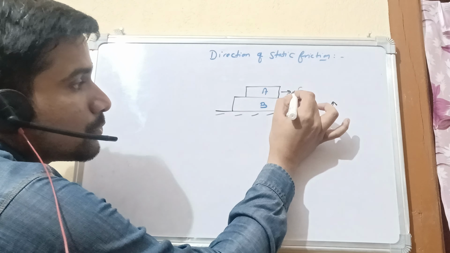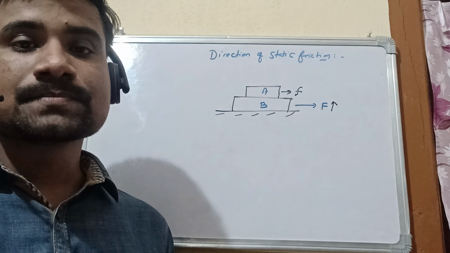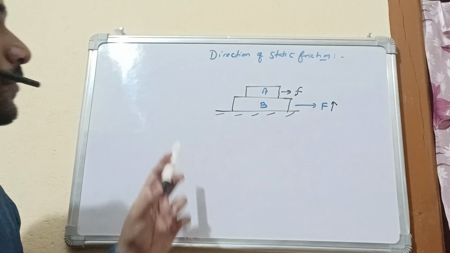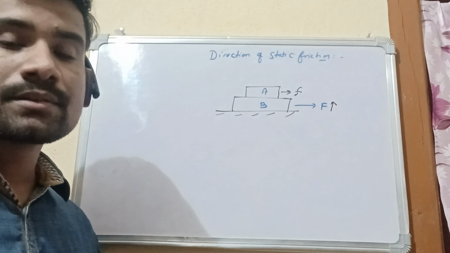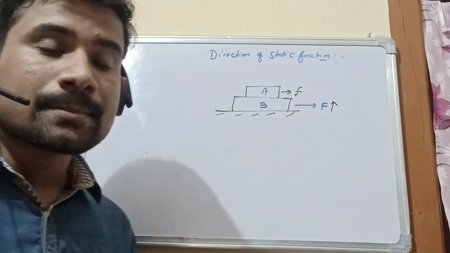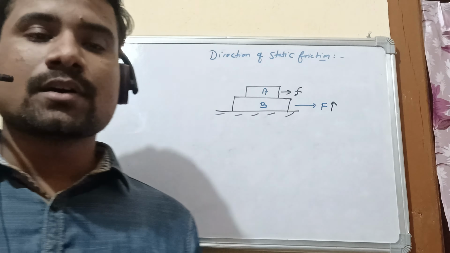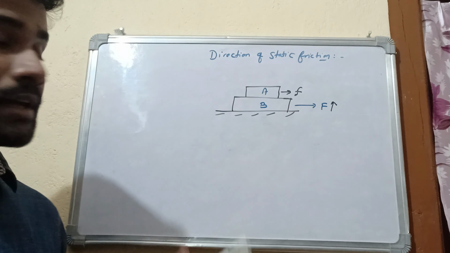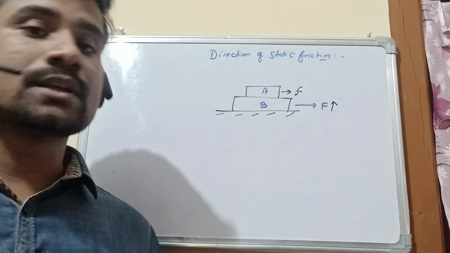So the friction force is now supporting the motion of A. Friction force is responsible for the movement of A in the right direction, because there is no other external force acting on A. So it is not that friction always opposes the motion of a body, but friction opposes the relative motion of a body with respect to another.